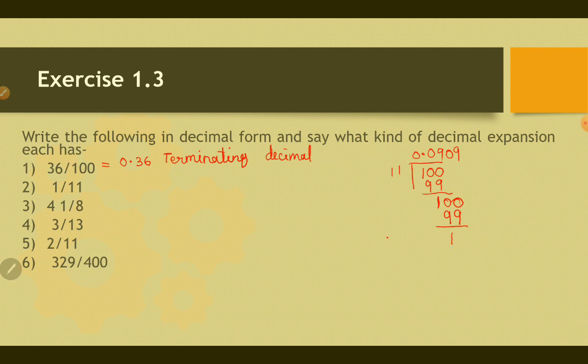Again 1. So we can see it's repeating again and again. Hence, we can write 0.09 bar. Hence 1 by 11 is a non-terminating repeating type of decimal.